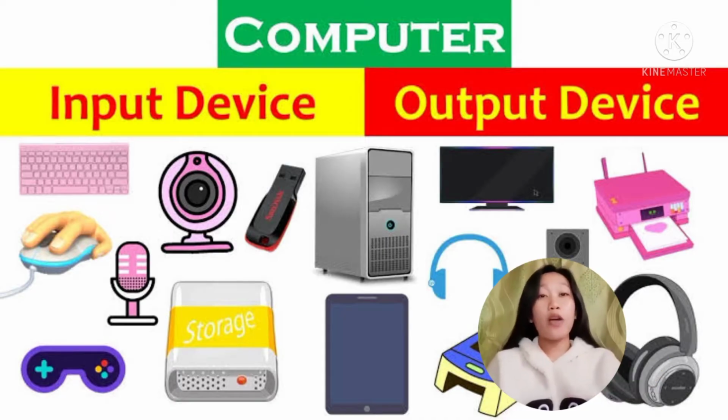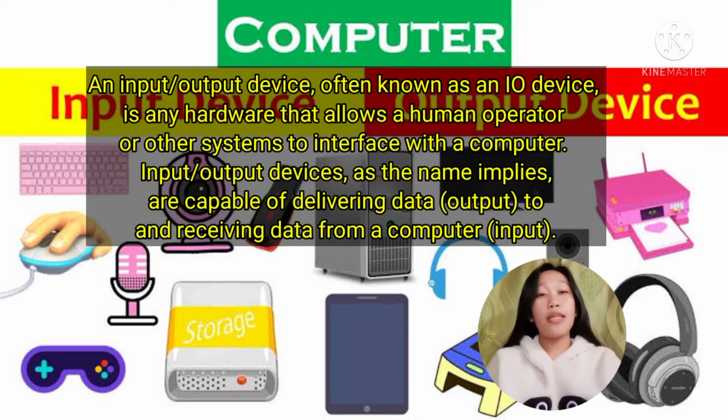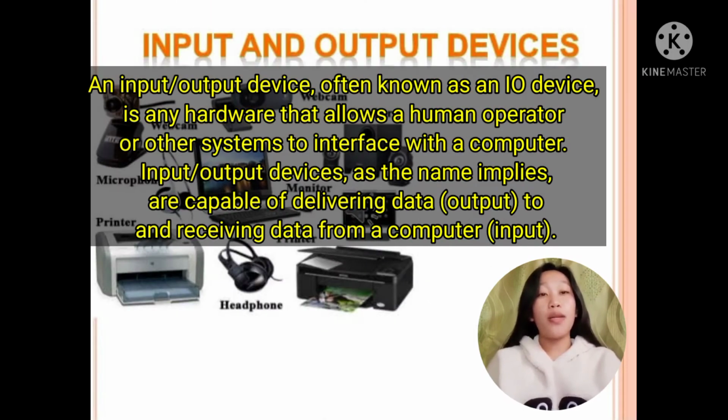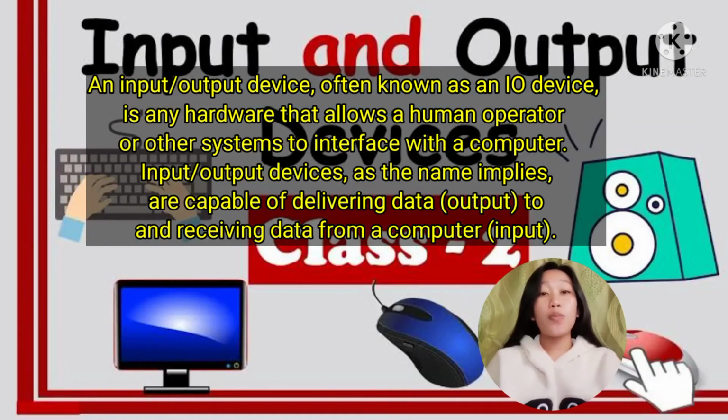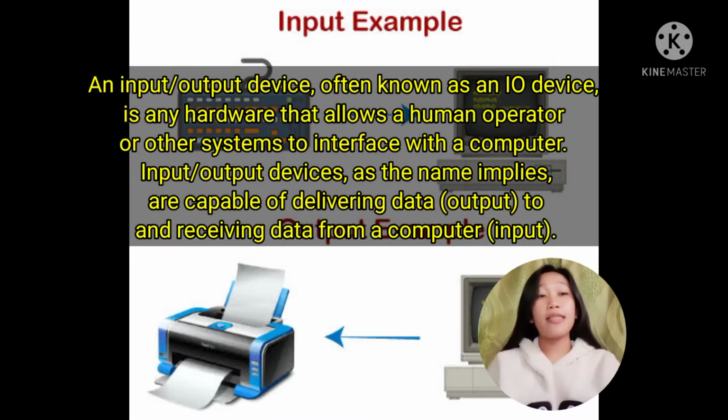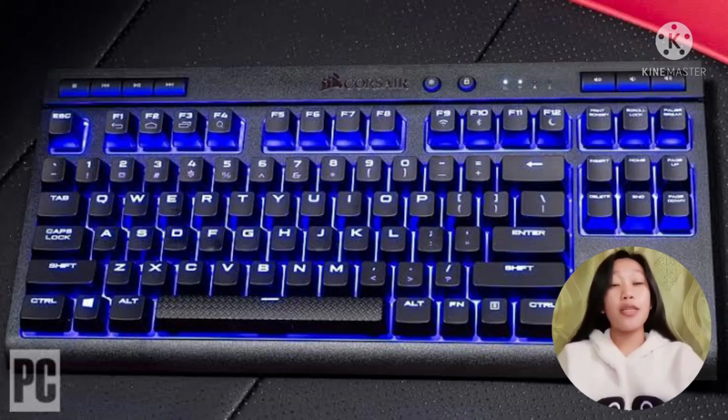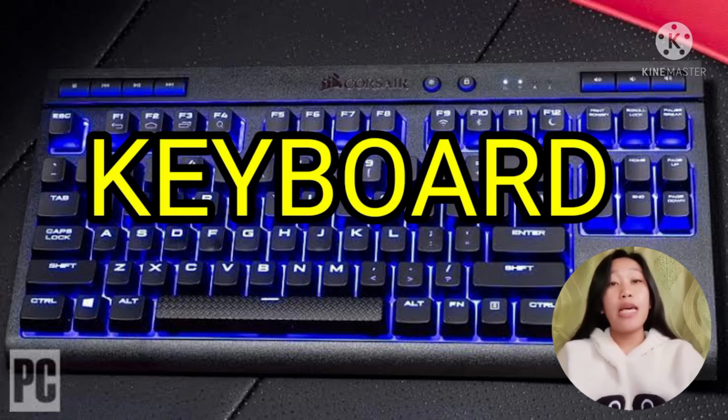Input and output devices. An input and output device, often known as an I/O device, is any hardware that allows a human operator or other system to interface with a computer. Input and output devices, as the name implies, are capable of delivering data, that's output, and receiving data for a computer, that's input. For example, input: keyboard.